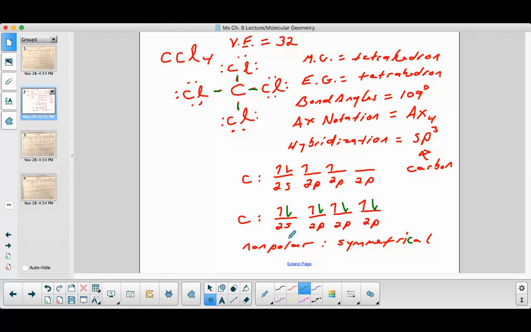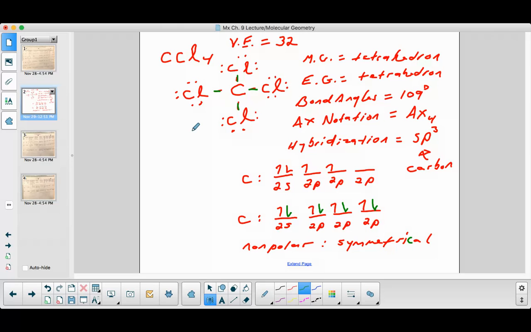All right, so it's really all about, is it symmetrical or is it not symmetrical? And if it is symmetrical, then it's considered a nonpolar molecule. It just means that everything is distributed evenly around it. And I always say, if you just look at it, you should be able to tell if it's symmetrical or not. And that's really the best we can do without building them.